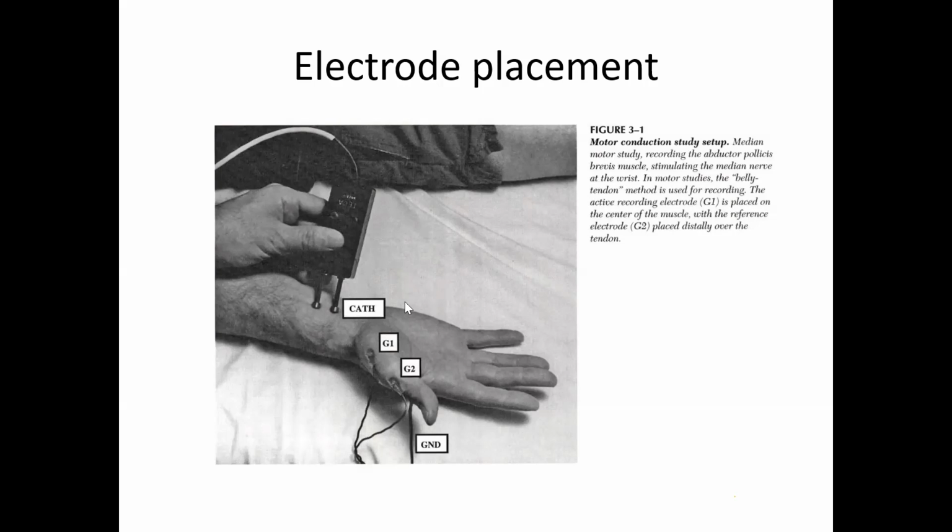This is the cathode end of the electrode, and this is the anode end. This is G1, the recording electrode, and this is the reference electrode G2. The ground is kept behind, on the dorsum of the hand. So why this arrangement for the CMAP?